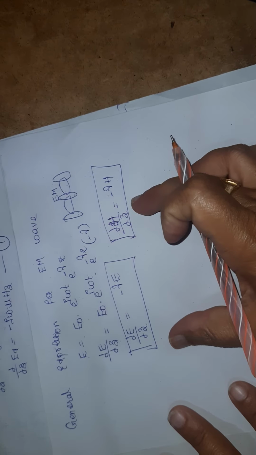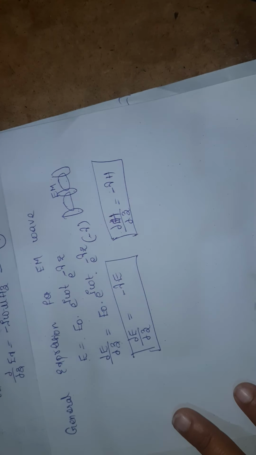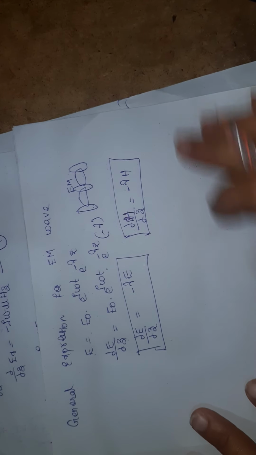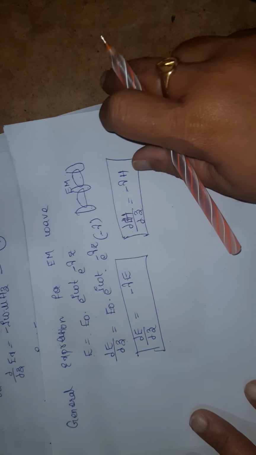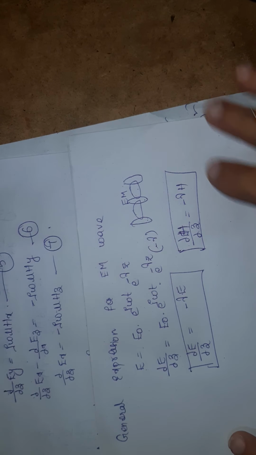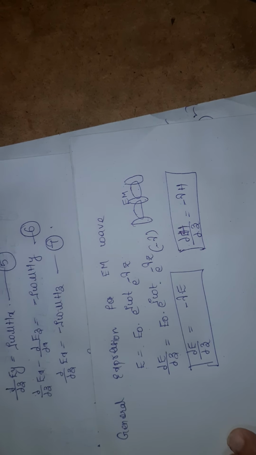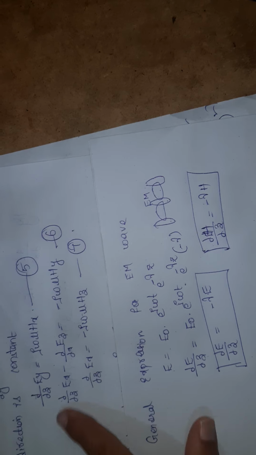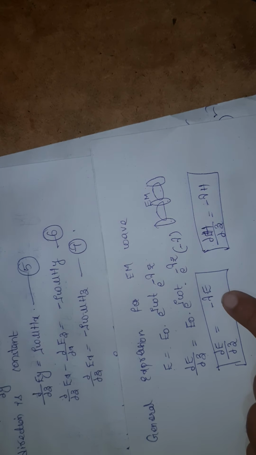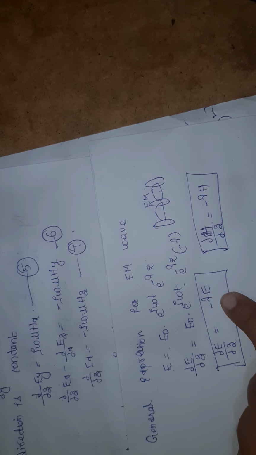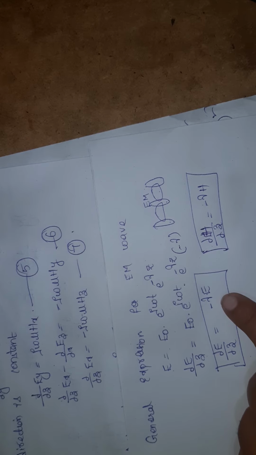And these two equations you have to substitute in expressions 5, 6, 7 and 8, 9, 10. So from 5, dou by dou Z of Ey can be written as minus gamma Ey.